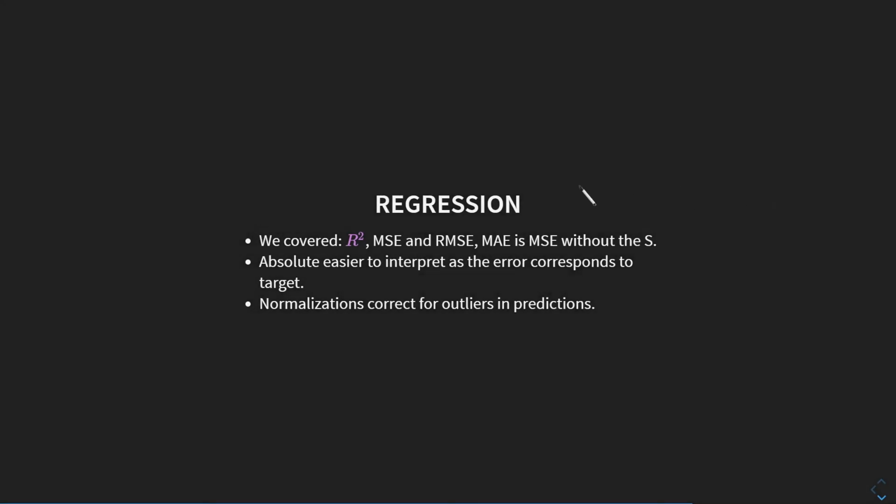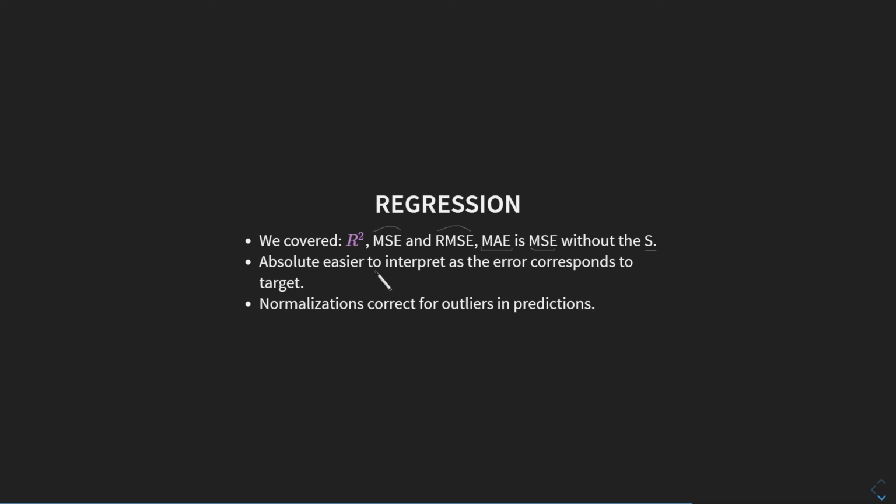Okay, so previously we covered R-squared, mean squared error and root mean squared error. We didn't cover mean absolute error, but mean absolute error is essentially just mean squared error, so you can go back to the formulas that we discussed and basically you just drop the squared part.